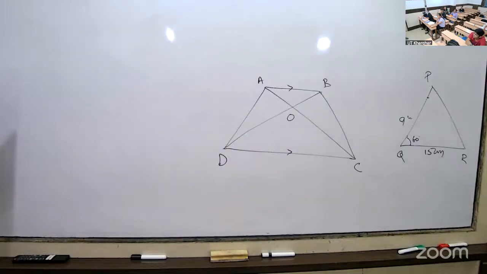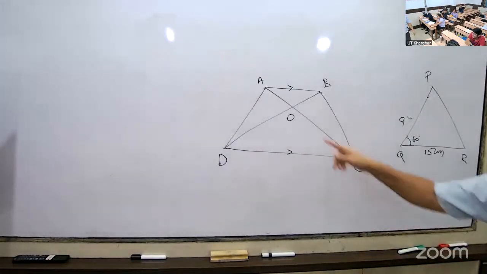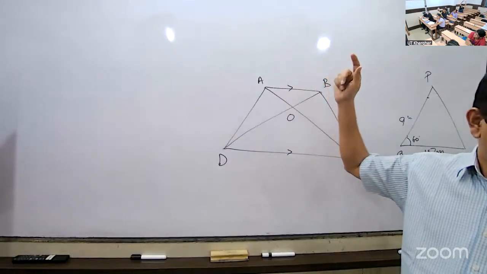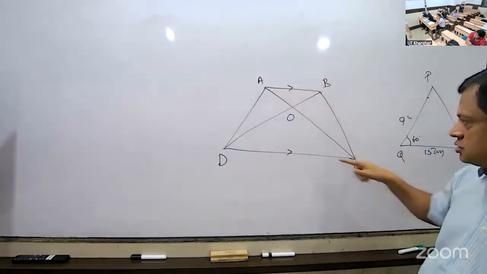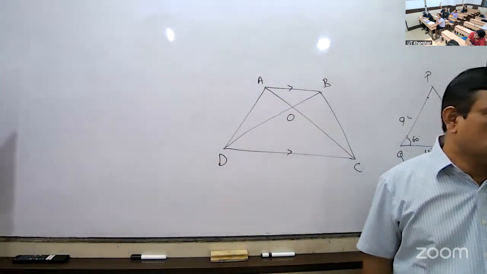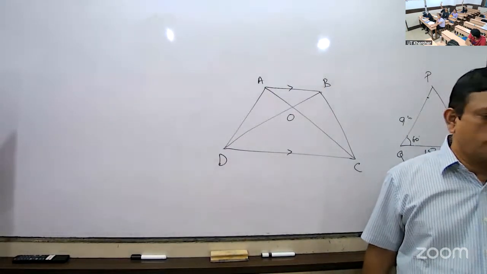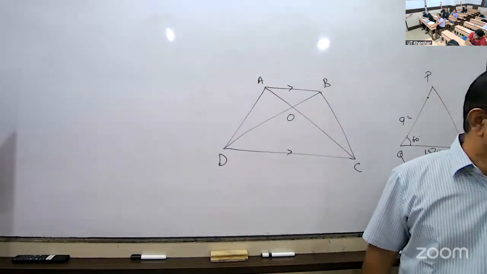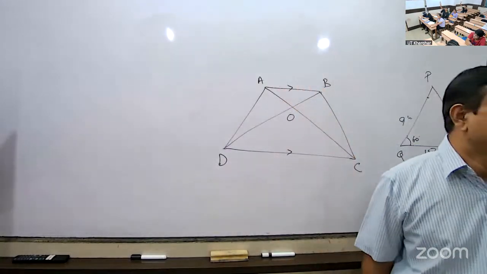How? In triangle ABC, which other triangle? Then AOB. Now keep on reading. Sir, ABC and DBC. Prove they are similar.